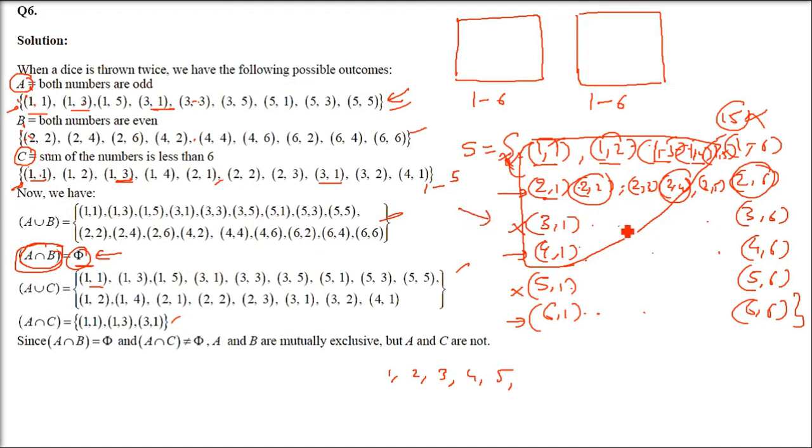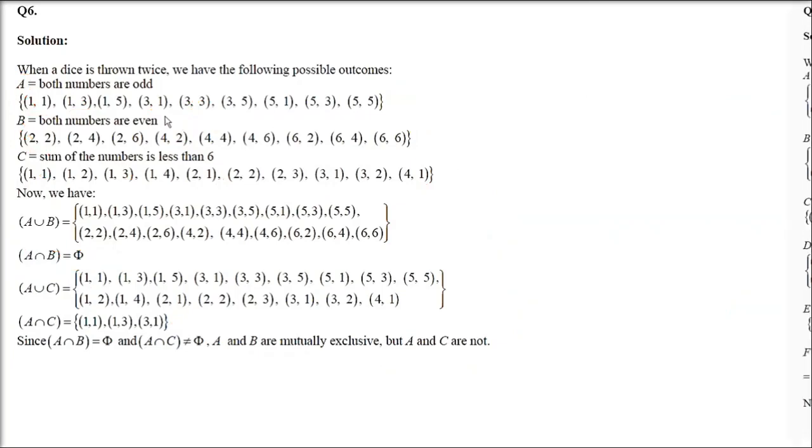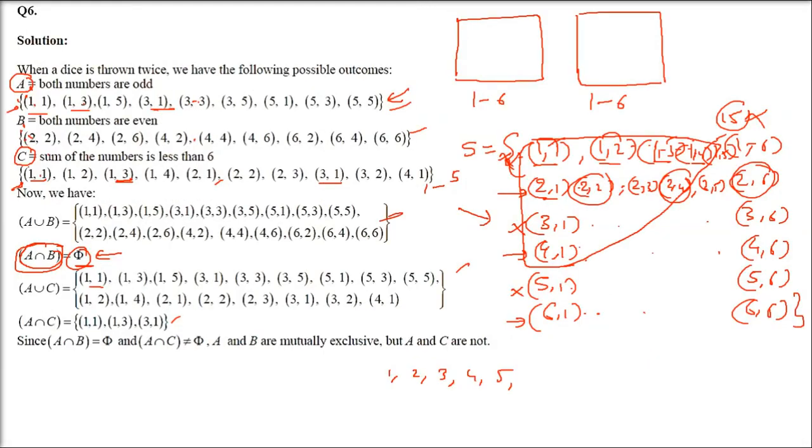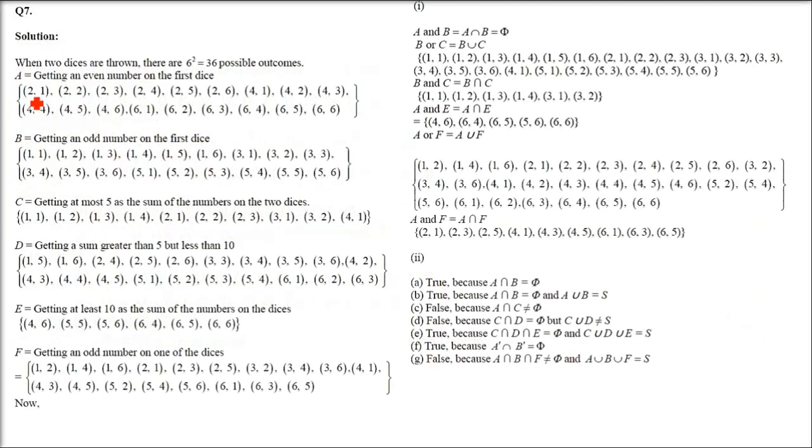Okay. Now you see, the first one is getting an even number on the first die. That is the second row, fourth row and sixth row you have to take, because the first number has to be even.